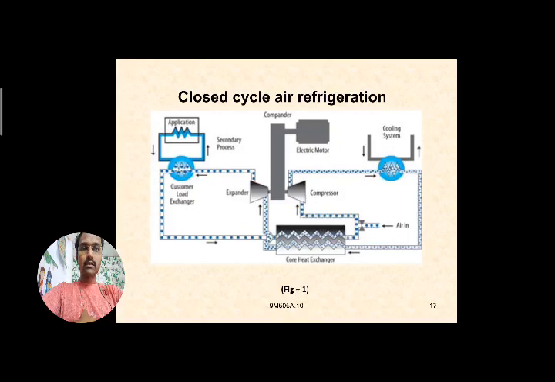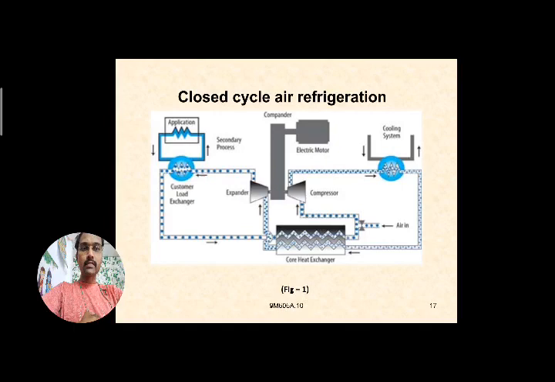We'll explain the usage of all the components in the expander. Next from the expander it enters into the evaporator part, or the customer load exchanger, which is the application part. The refrigerated space is the main one where you are getting the cooling effect. Next, after the evaporator, the customer load exchanger, the air recirculates and makes contact with the heat exchanger which it passed before entering the expander.